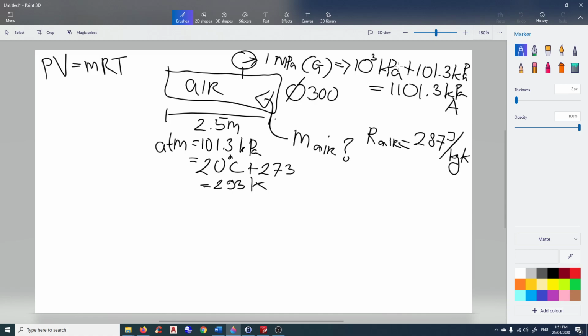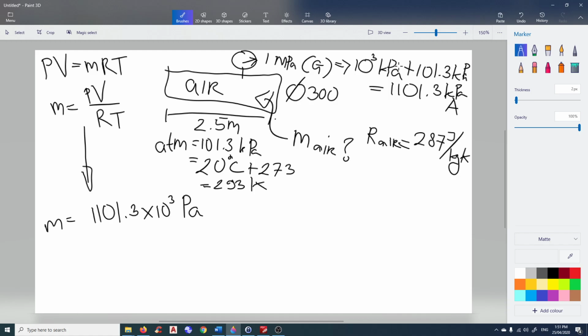So rearranging this formula, mass equal to PV divided by RT. So mass equal to, we already calculated the P, the pressure of the air inside the tank, which is 1101.3 times 10 to the power 3 Pascal, not kilopascal, it is in Pascal, multiplied by, oops, we haven't calculated the volume.